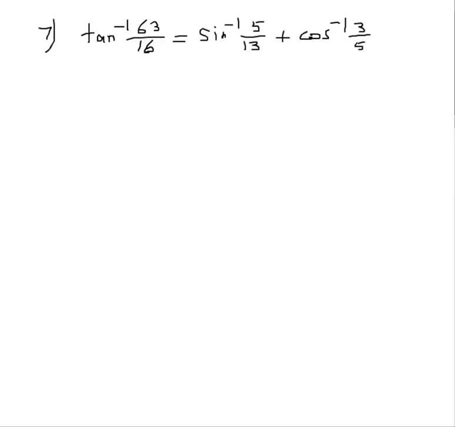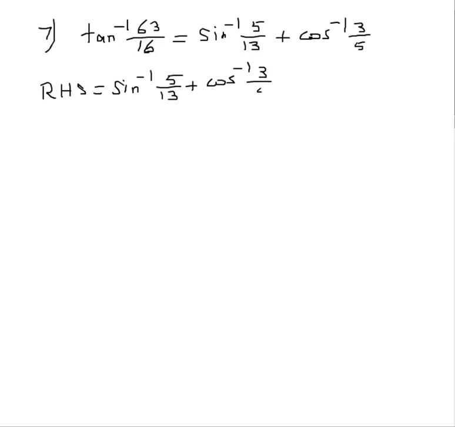Question 7. Prove that tan inverse of 63 by 16 is equal to sin inverse of 5 by 13 plus cos inverse of 3 by 5. We will take the right hand side: sin inverse of 5 by 13 plus cos inverse of 3 by 5.